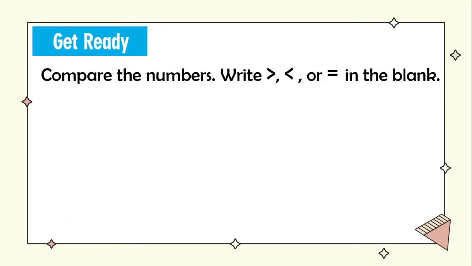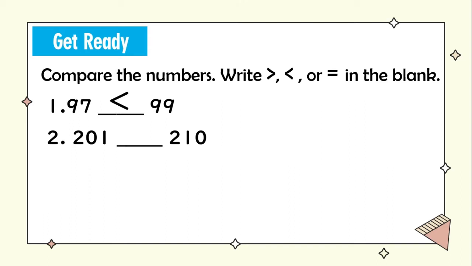Compare the numbers, write greater than, less than, or equal to in the blank. So for number 1, 97 and 99, that's less than. Very good. For number 2, 201, 210, the symbol should be less than.